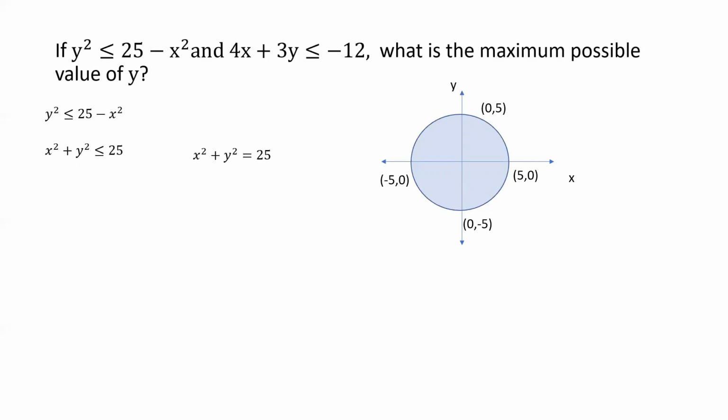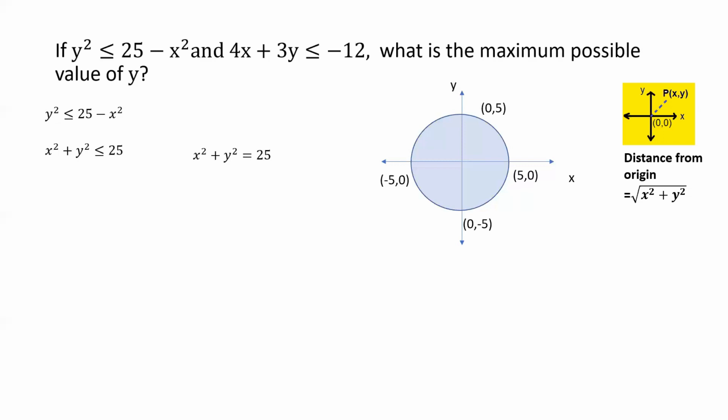Well, if you consider a point P on the xy plane with coordinates x and y, then the distance of the point P from the origin is the square root of x squared plus y squared. So if I take a square root of our given inequality, that means that root over x squared plus y squared is less than or equal to 5, right?